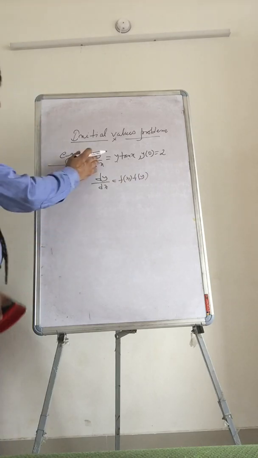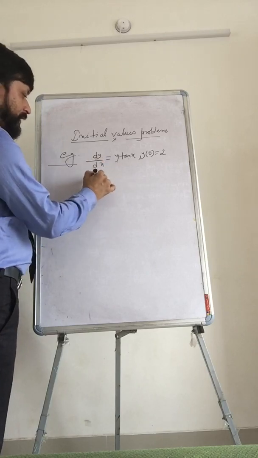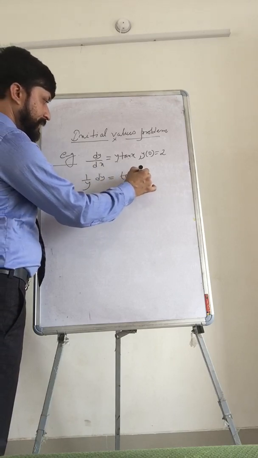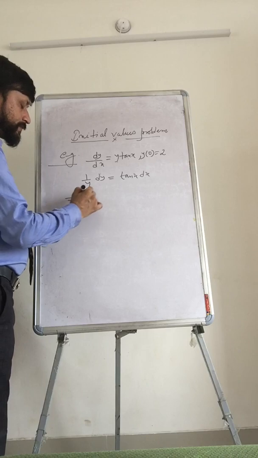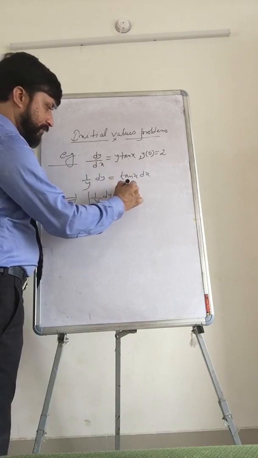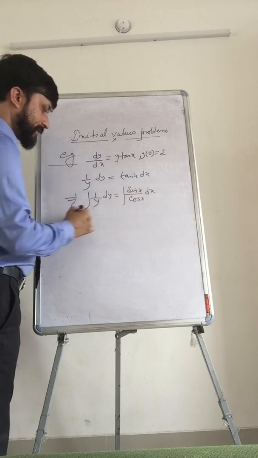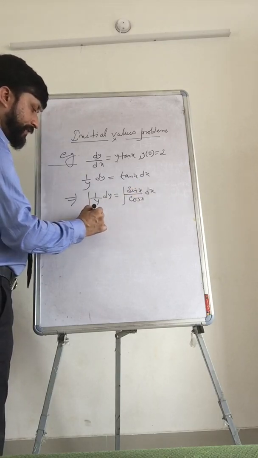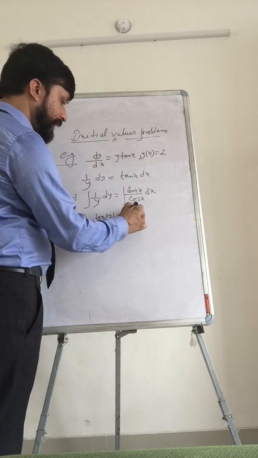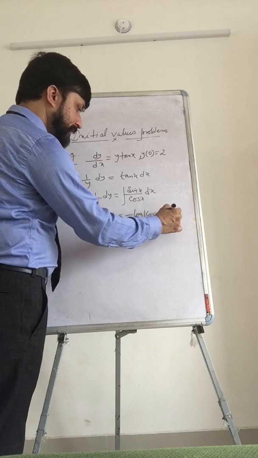So first we will find the general solution. We can write here 1 by y dy equal to 10x dx. Next, integrate. This tan x we can write as sin x by cos x dx. If we integrate, we will get log mod y equal to minus log cos x plus c.